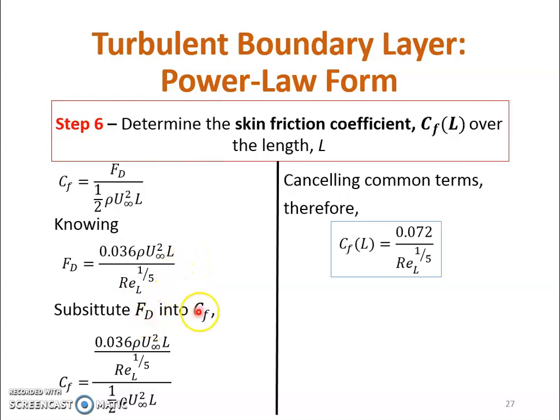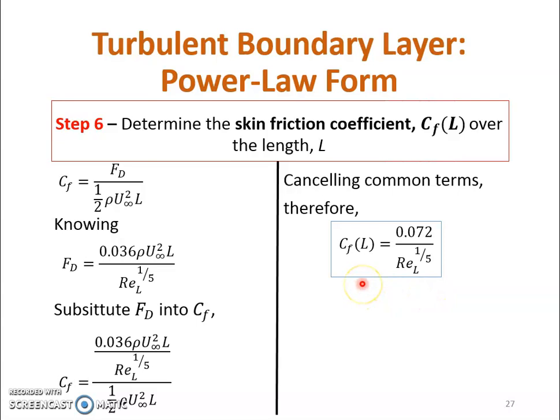So we just substitute the FD into the CF. We can cancel the same terms here, the rho U infinity squared and the L, and then the 2 can be multiplied with the 0.036, so it will become 0.072 divided by the Reynolds number over the length, to the power of 1 over 5. So this is the CF value.